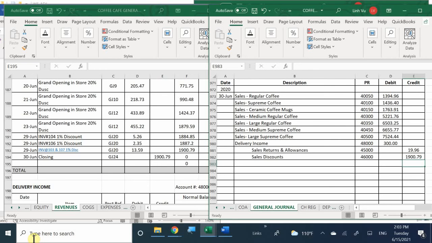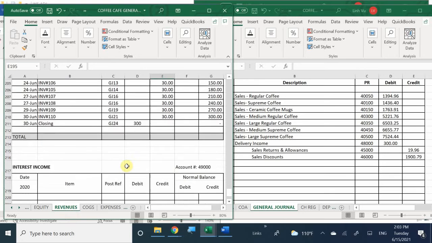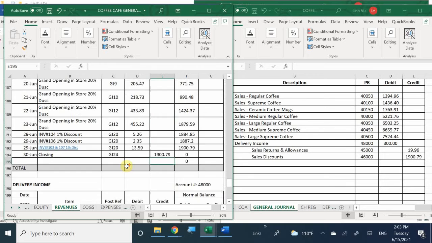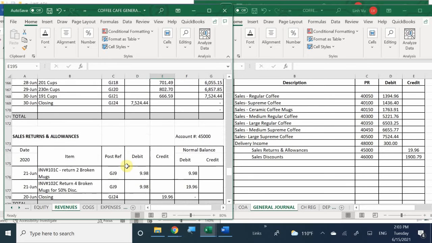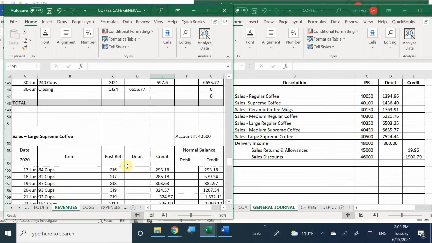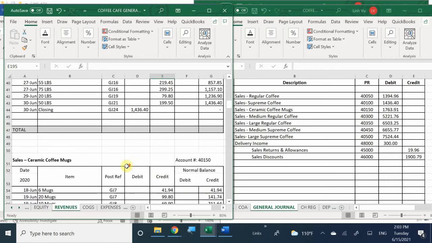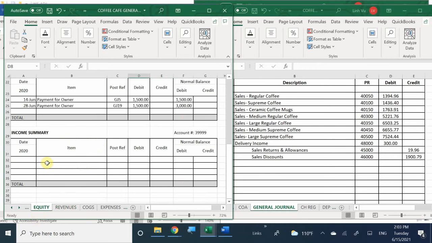Last but not least, right? We're closing out all of my sales out to our income summary. So let's take a look at my revenues one more time. Everything in my revenues account is all 0. Okay, that's what I'm trying to do, is make sure that every account is closed out to 0. And where I'm going to close them out to, I'm going to close them out to my income summary.